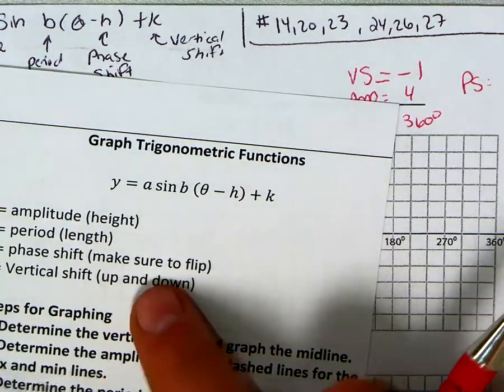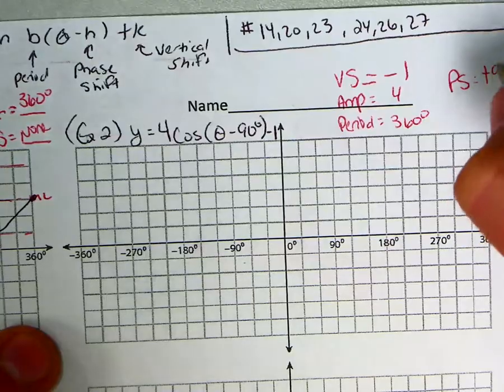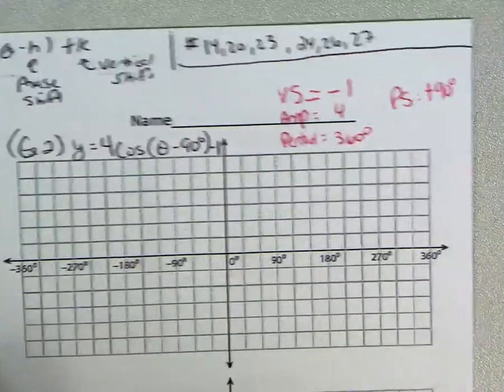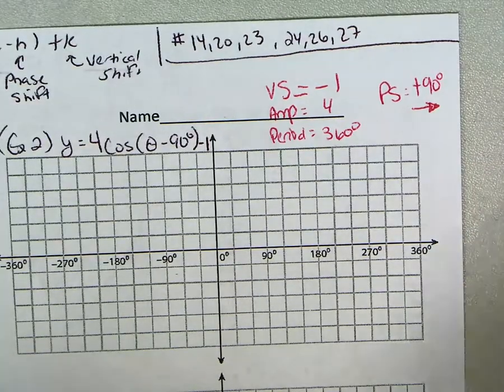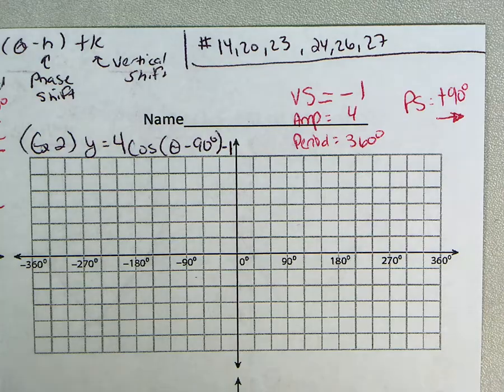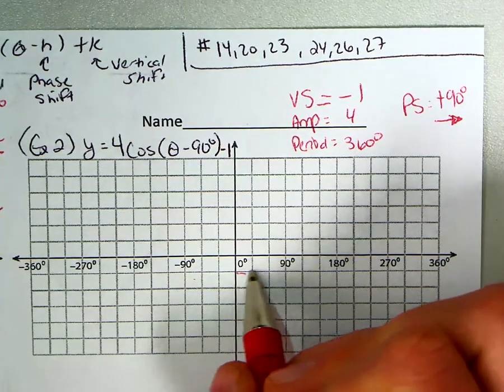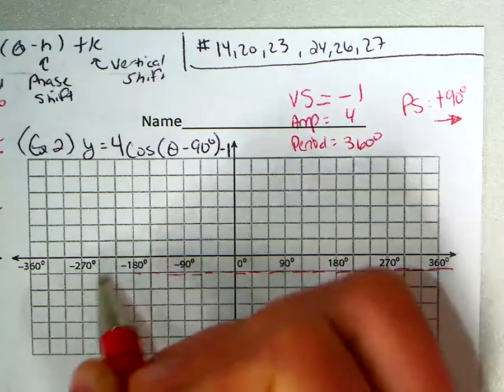Make sure we flip, okay? So instead of being negative 90 degrees, it's a positive 90 degrees. We're going to go to the right 90 degrees. All right? So first things first, again, let's graph the midline. It's at negative 1. So I like making a little dash line so I know where the midline is.